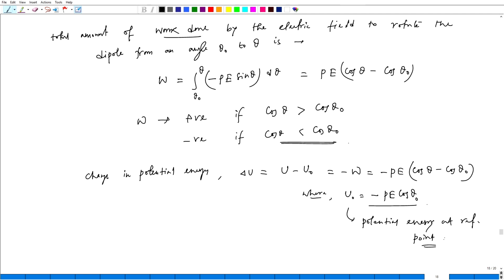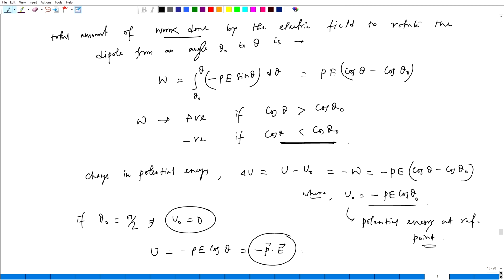At the reference point, if we choose theta naught as pi by 2, then U naught becomes 0. We choose the reference potential energy to be 0. And then the potential energy of a dipole, U, is basically delta U, which is minus W, so minus pE cos theta, that is minus P vector dot E vector.